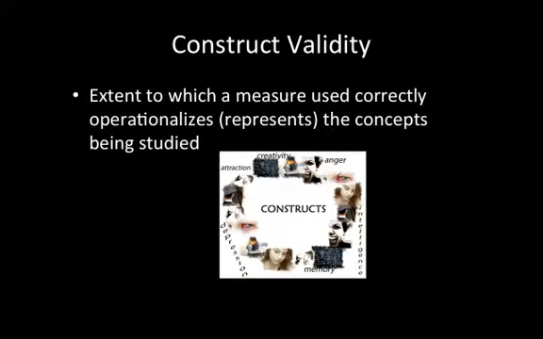If you're looking at the weight of Cocker Spaniel puppies, that's easy. You put them on a scale, you report the ounces, maybe pounds and ounces. Your measure correctly operationalizes the construct there, the weight. What if you wanted to do the health of a Cocker Spaniel puppy? Would measuring the weight be enough to represent that completely?